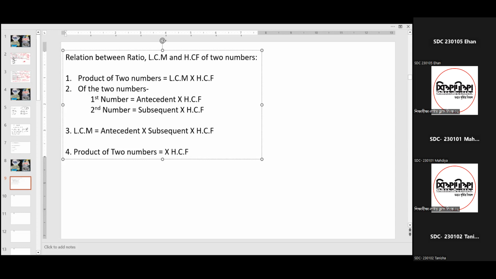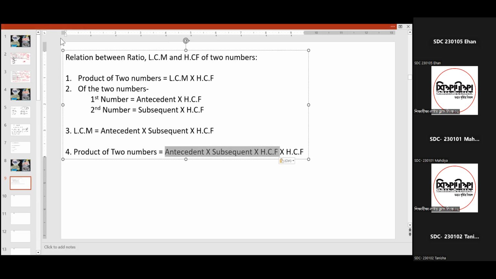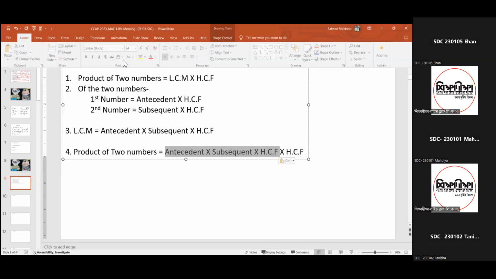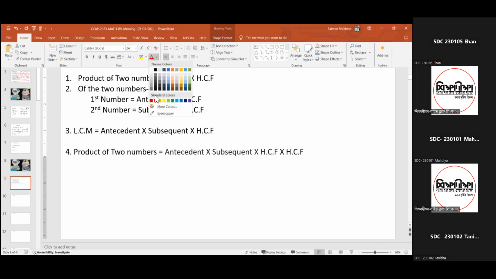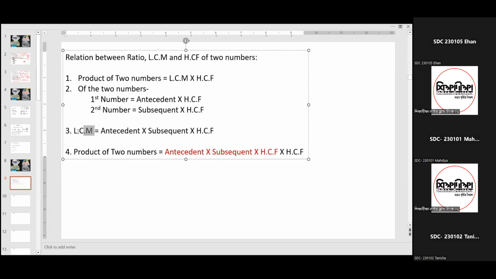Instead of that LCM, I just deleted the LCM. So if we just do antecedent multiplied by subsequent multiplied by HCF, this part is equal to what? This part is equal to this one, right?